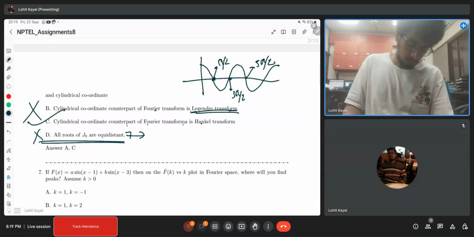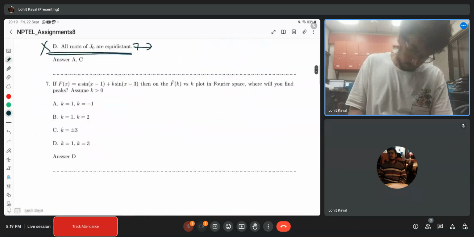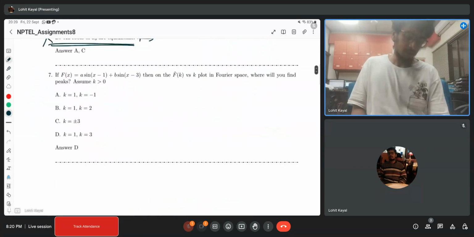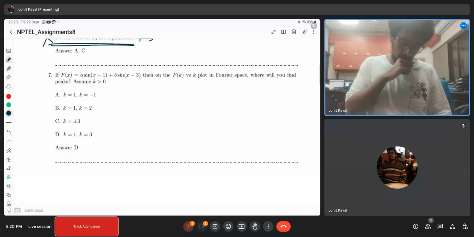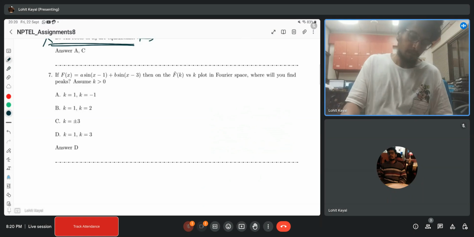Now we will solve the last question. You have this expression f(x) equal to A sin(x minus 1) plus B sin(x minus 3). Then on the f tilde of k versus k plot in Fourier space, where will you find peaks?